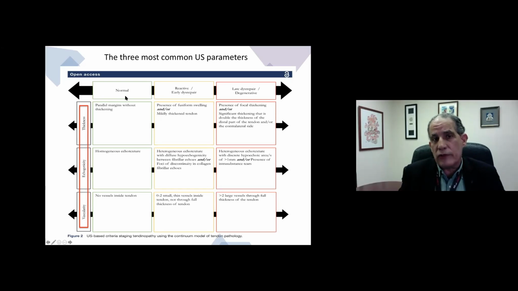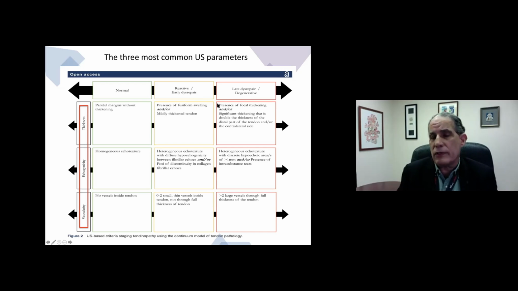Now, what they did was look at, in terms of thickness, for example, how does a normal tendon look? What about a tendon that is reactive and in early disrepair? What about a tendon that is in late disrepair and degenerative?